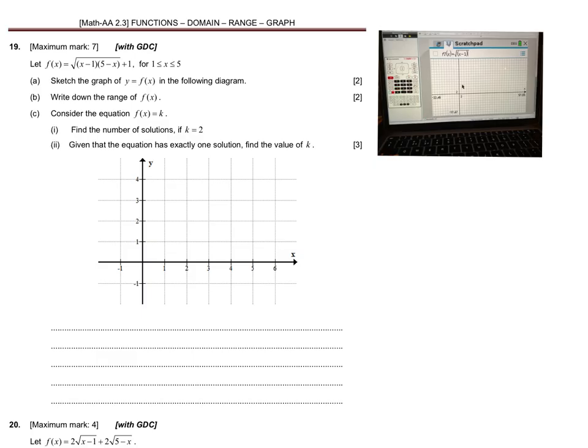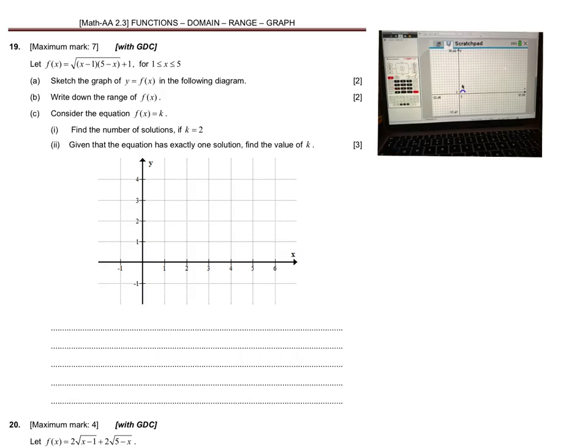I always put multiplication in between brackets because it can be weird. Then 5 minus x, close bracket, and then we need to go outside of the function, plus 1, and that's going to be a vertical shift. Okay, so then enter.